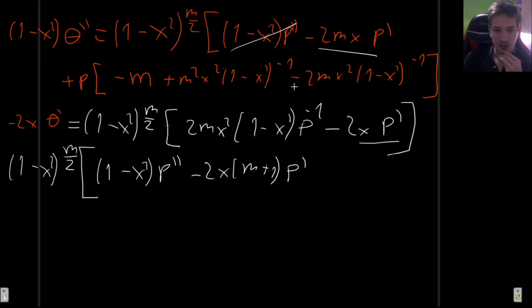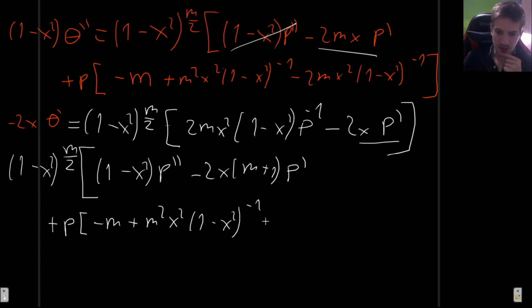And well, we still have all the p terms. So let's see, that's going to be plus p factor of, let's see, we have minus m plus m squared x squared 1 minus x squared to the minus 1, minus 2m x squared 1 minus x squared to the minus 1. And in this part we have plus 2m x squared 1 minus x squared to the minus first power.